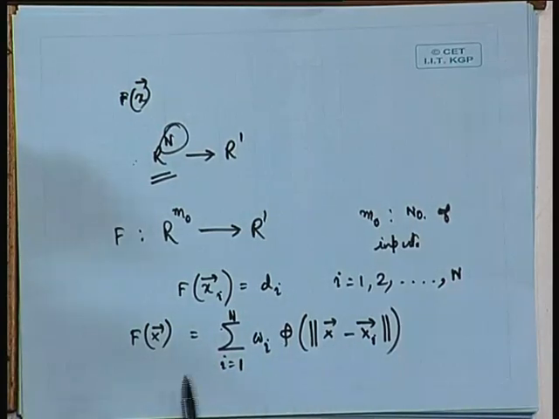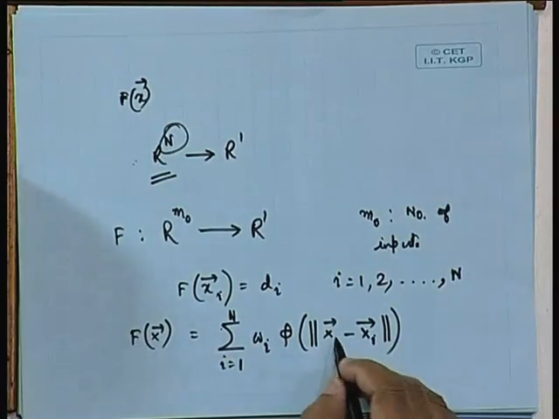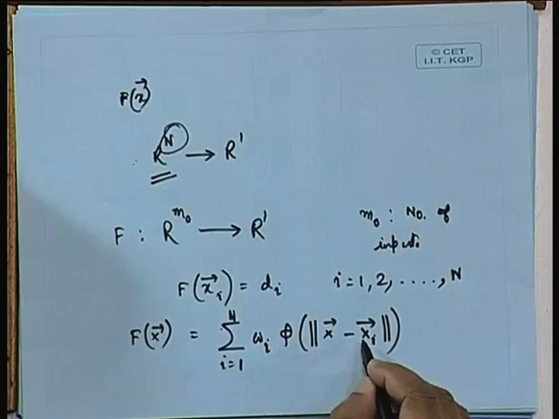Now, if we look at this equation, we have x minus xi over here, and what is this xi in this expression? In this expression, xi acts as the center of the basis function. We were taking the examples of the Gaussian basis function in the last class.